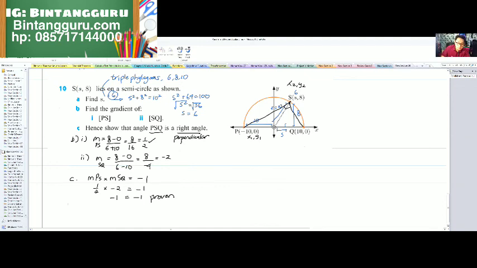And then you have to write the sentence. So, hence the gradient of PS is perpendicular to SQ, then angle PSQ is a right angle.